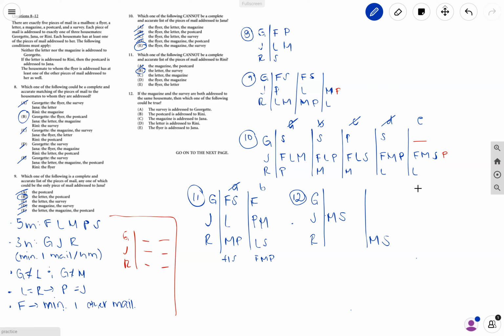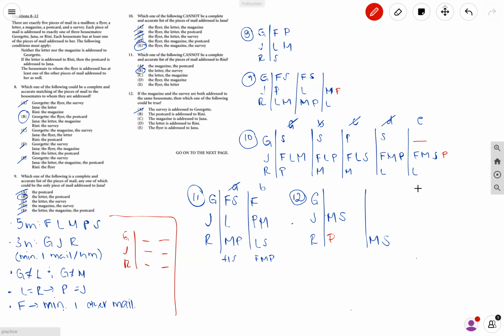A, the survey is addressed to G, but we know that can't be possible because if that happened, we'd also have to assign M to G, and that's not possible. The postcard is addressed to R. So let's see what happens if I put in the postcard over here.